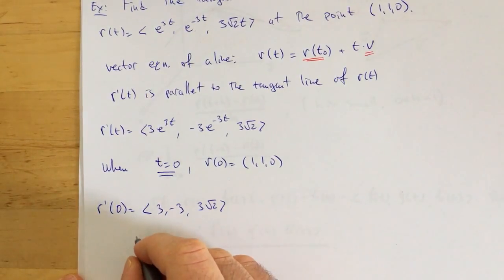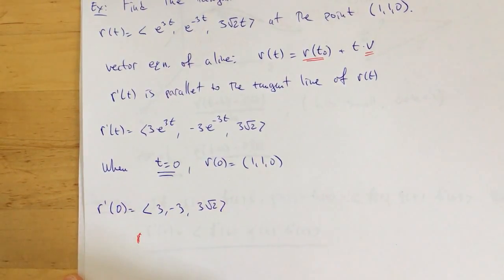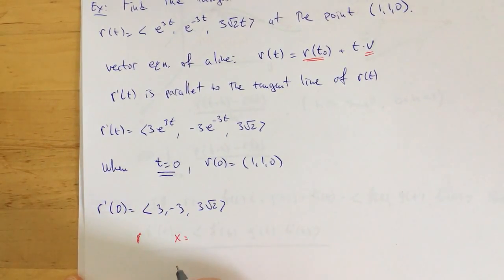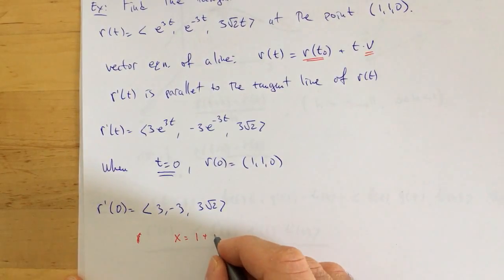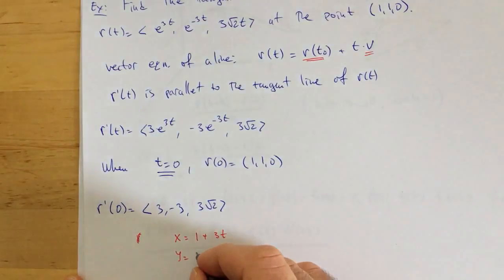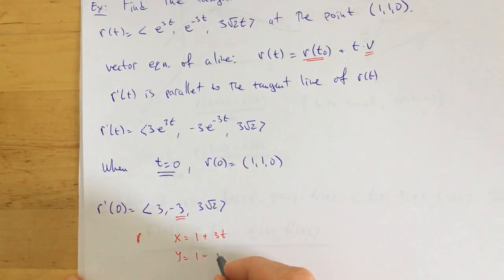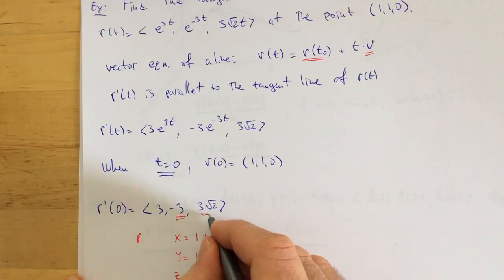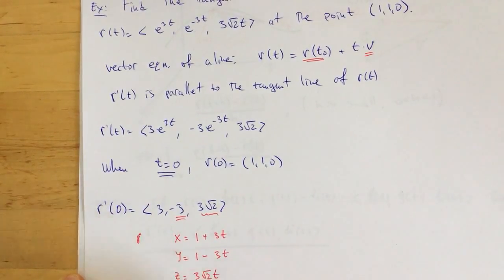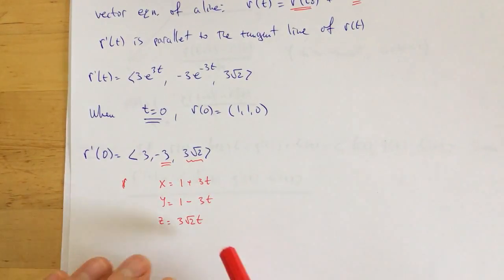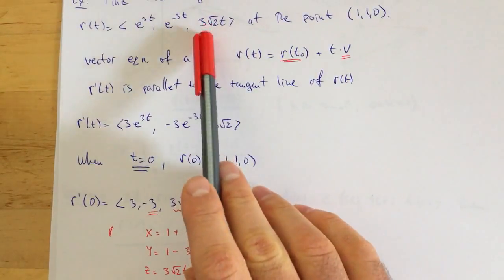For example, I can write, let's say, the parametric equation. x is going to be equal to the point on the curve, that's 1 plus 3t. y is going to be 1 minus 3t, and finally z is going to be equal to the point 0, so 0 plus 3 square root of 2 t. Okay, this is the parametric equation of the tangent line to this curve.